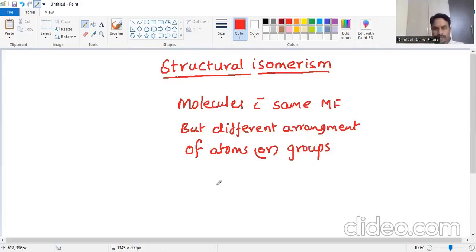if you see a molecule which has a molecular formula of C2H6O, this is a molecular formula for a compound.